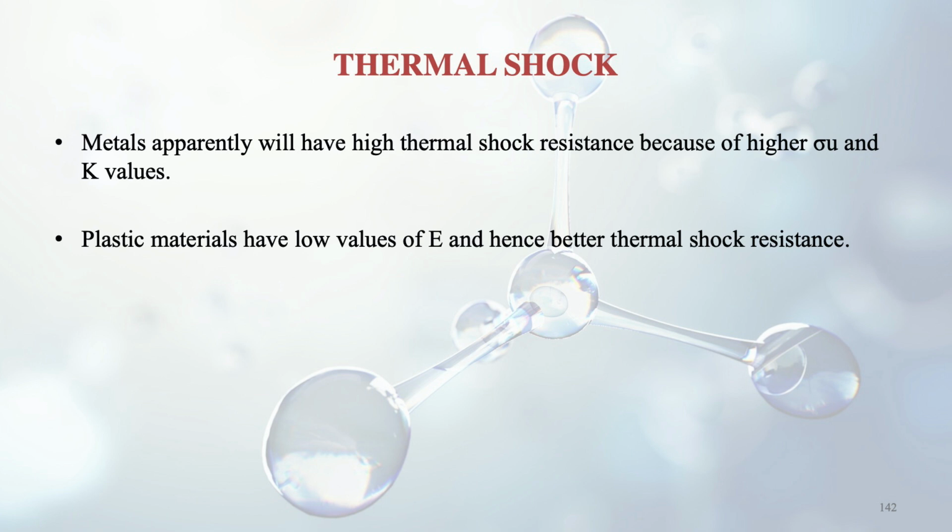So they have high values and they come in the numerator. So metals have better resistance to thermal shock. And the last one, plastic materials, actually have low values of E, that is Young's modulus, and Young's modulus comes in the denominator in the formula I showed earlier. So they will have better thermal shock resistance.